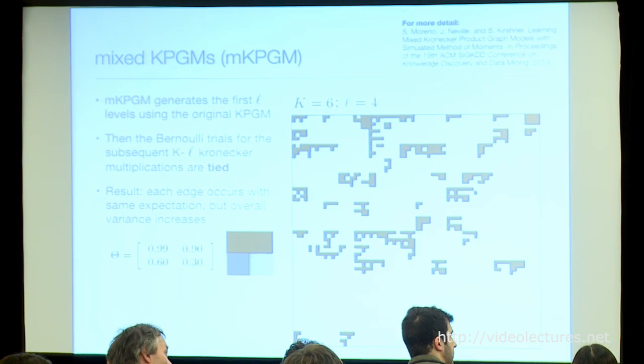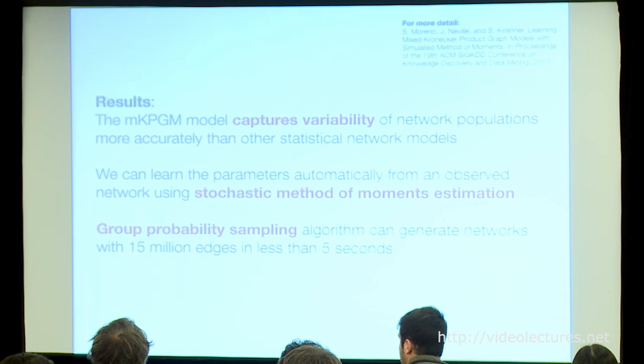But we get variation overall in the distribution of the sampled graphs. And so what we've shown is that this model can effectively capture the variability that we see in these natural populations of networks.